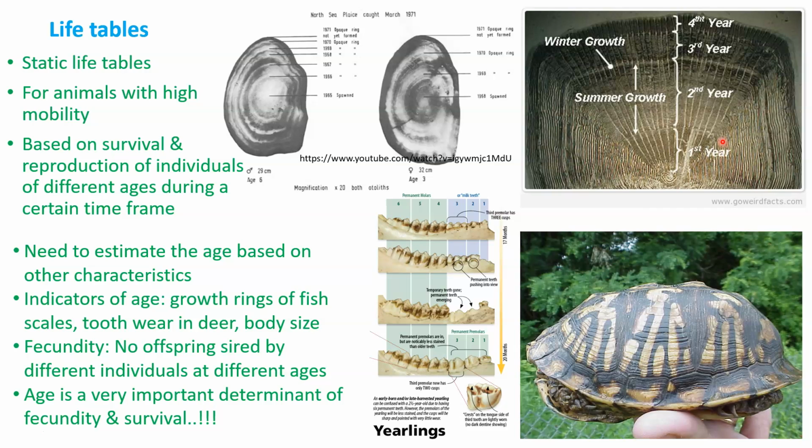Now, mind you that you cannot randomly pick any scale and reliably count the growth rings. You can clearly see that in summer the growth is much more pronounced. You can see much larger rings during summer. During winter, as you can clearly see, the growth is much shorter.